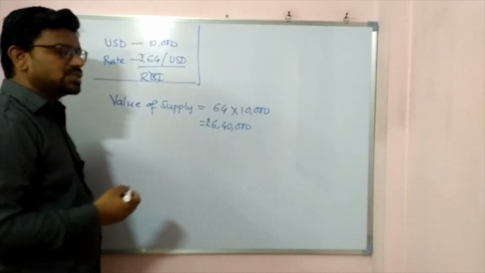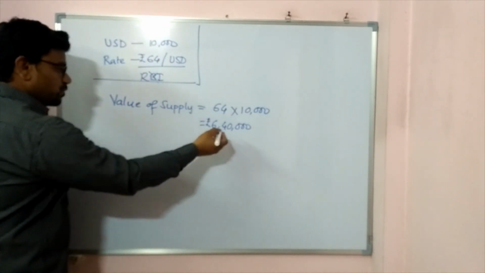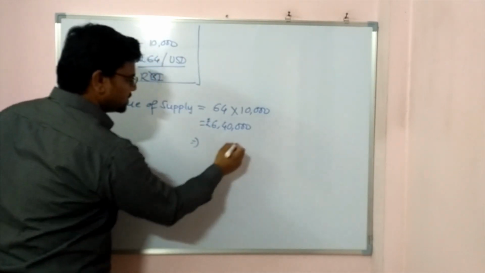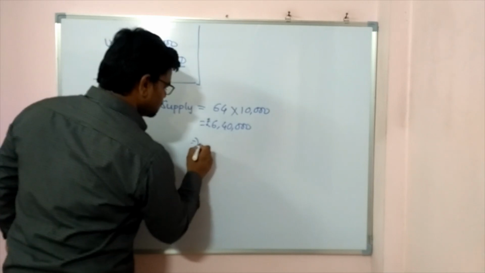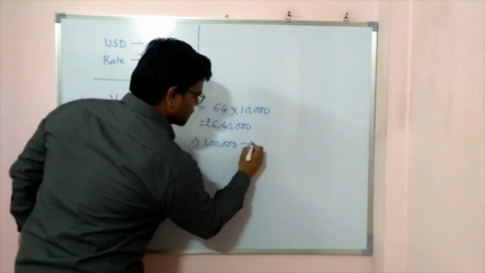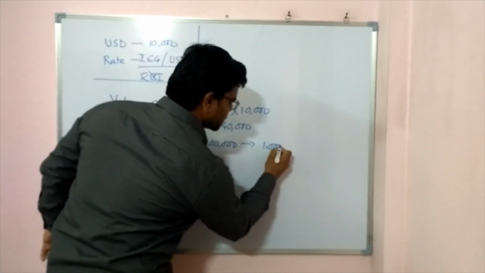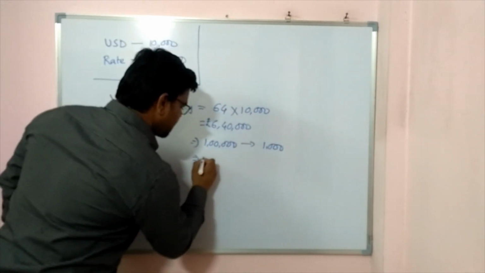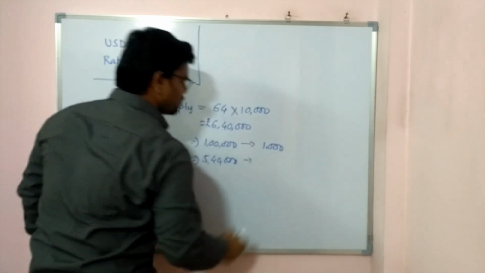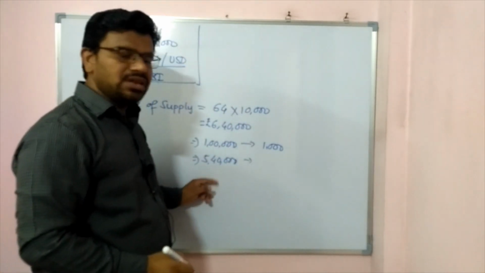Now I have to use the slabs. Up to 1 lakh, I know it is 1000 rupees, and remaining 5,40,000. How much I have to calculate? How is this 5,40,000?